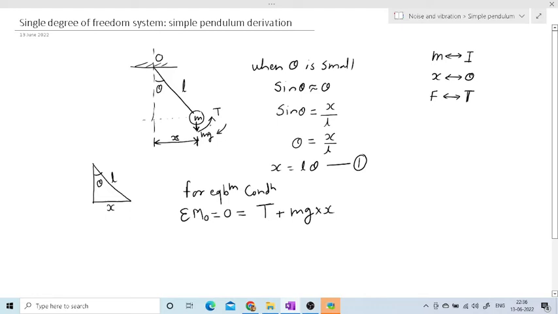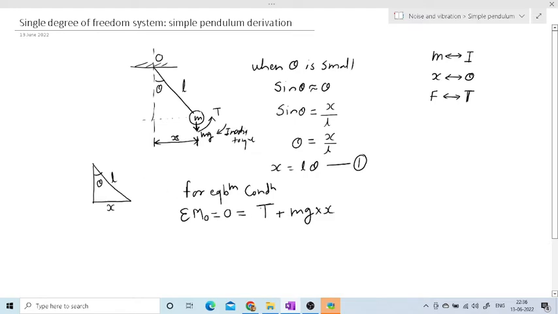So this is the direction of displacement, and this is the direction of inertia torque, which is nothing but T. So inertia torque plus the moment mg into x about this point O is equal to 0, because we have only two moments acting: one due to mg and one due to this torque. So T plus mg into x is equal to 0.